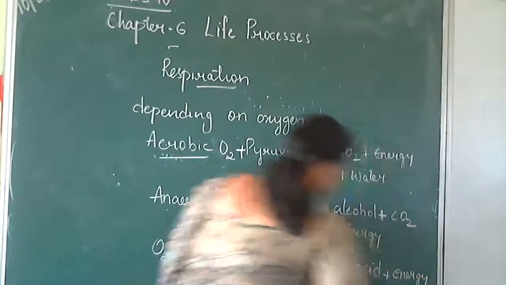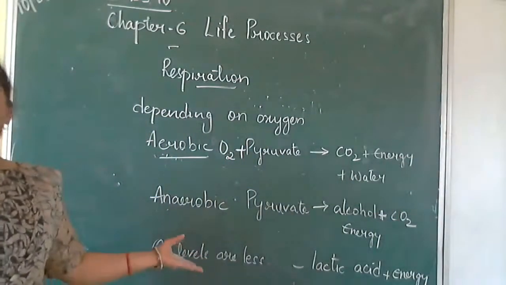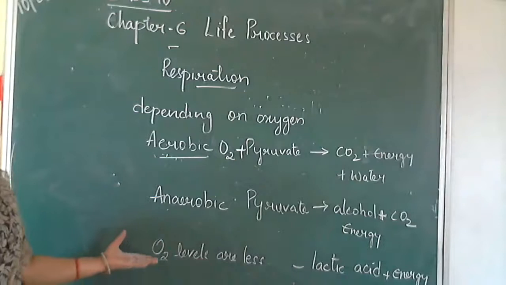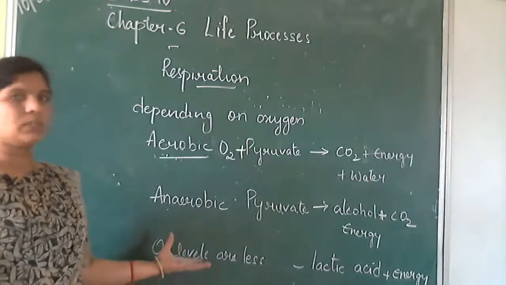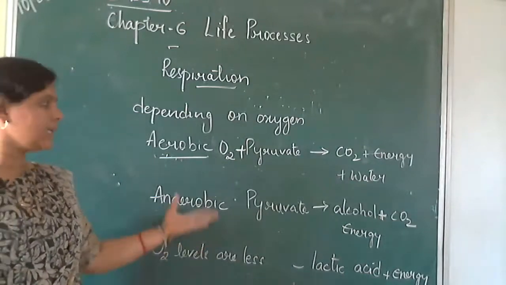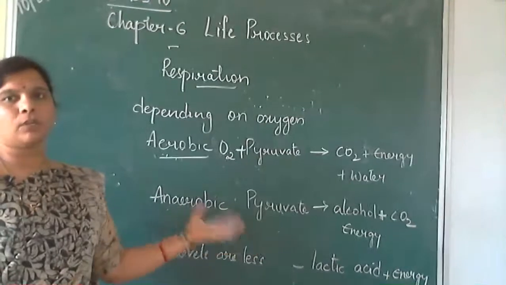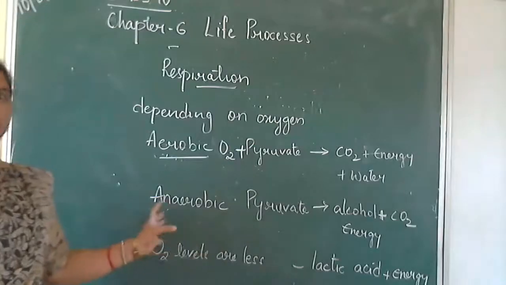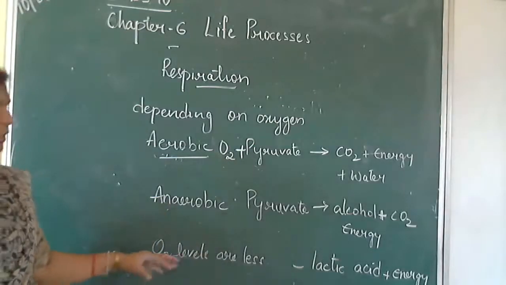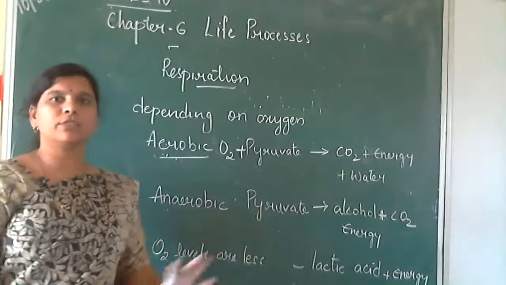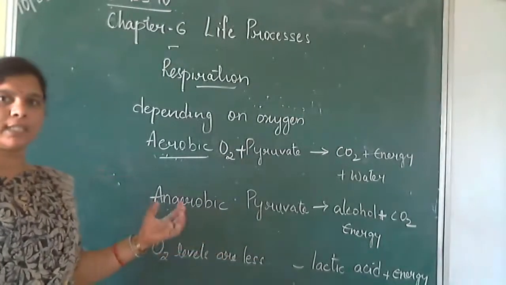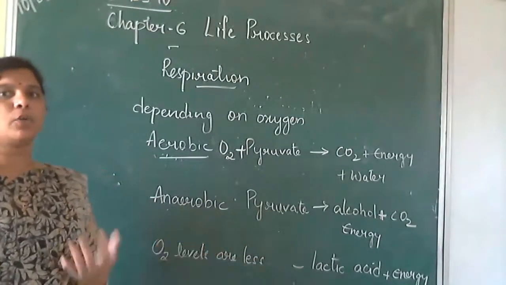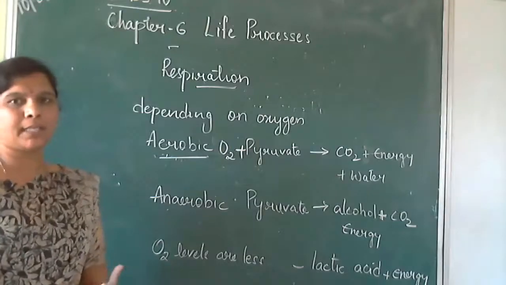I have told you, when we do more physical activity, the oxygen levels will be less. To compensate for that, pyruvate will be broken down. When it is breaking down in a lesser amount of oxygen, lactic acid is released, which accumulates in the muscle cells and causes a stinging pain or muscle cramps.